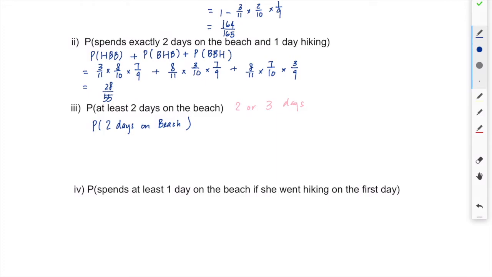So we'll use that number. Now we just have to add the second case, which is spending all 3 days on the beach. So 28/55 plus, that would be 8 out of 11 times 7 out of 10 times 6 out of 9 works out to 28 over 33.